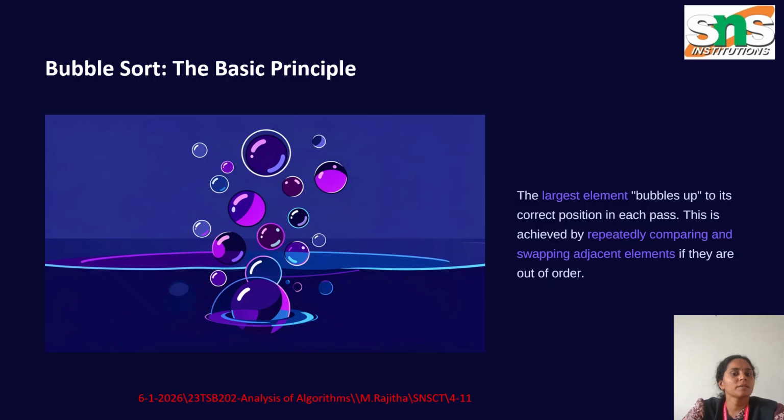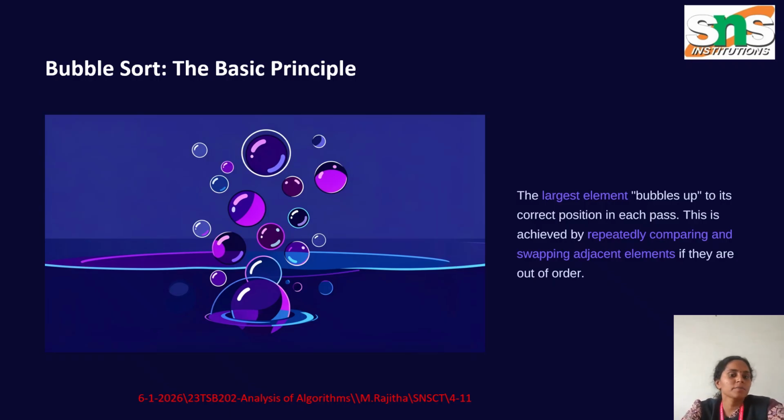So, core concept of bubble sort. The main idea of bubble sort is very simple. The largest element bubbles up to the end of the list in each pass, just like air bubbles rise to the top in water. The largest value moves slowly to its correct position.